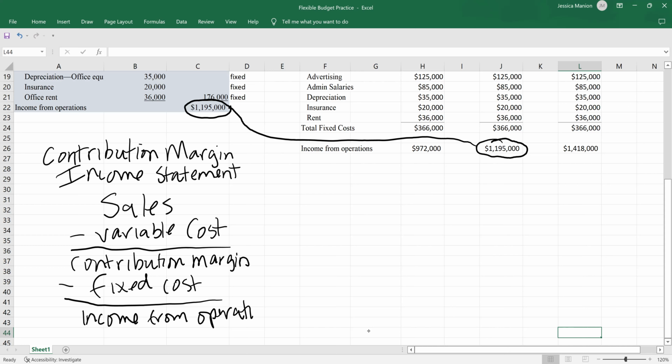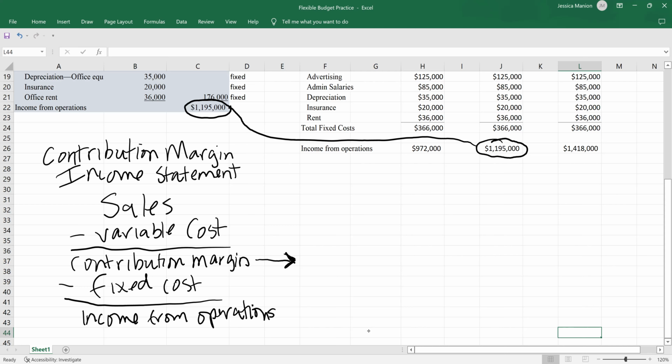Right? Just like we just saw on our flexible budget. And so this contribution margin is what we have left over after we pay our variable cost. The contribution margin is what we have left over to cover any fixed cost and to earn a profit, hopefully.